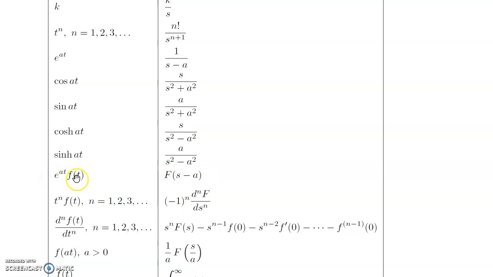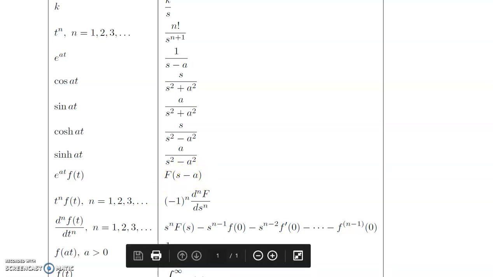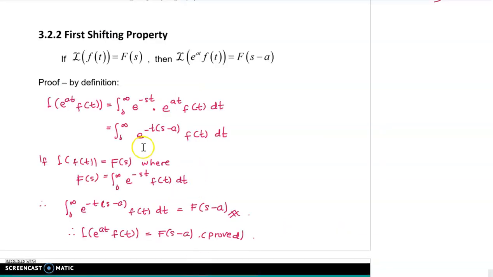If you have a function f(t) that is multiplied with the exponent at, then the answer would be in the form of F(s minus a). So we need to find the equation for F, then replace s with s minus a. I've stated the proof here by the definition.